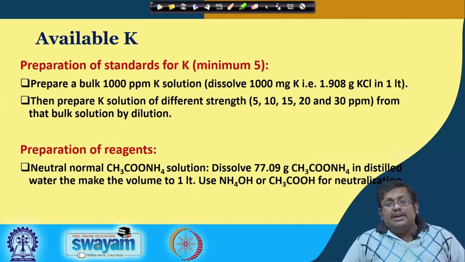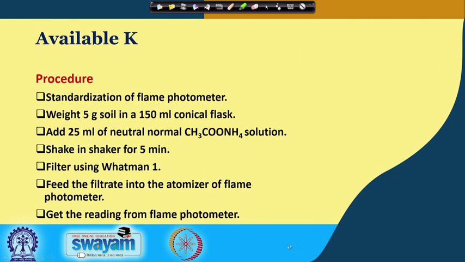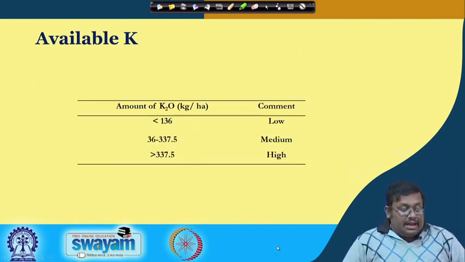Now, for measurement of potassium, you have to again create a standard curve of minimum 5 points, and then you have to prepare the reagents. Here all this procedure is given, and finally the available potassium recommendation will be low, medium, high.